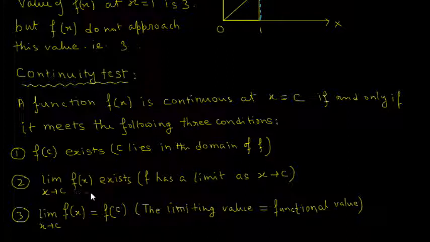Second, the limit as x tends to c of f(x) exists, that is, f has a limit as x tends to c. Third, the limit as x tends to c of f(x) is equal to f(c). The limiting value is equal to the functional value. These are the three tests for continuity.